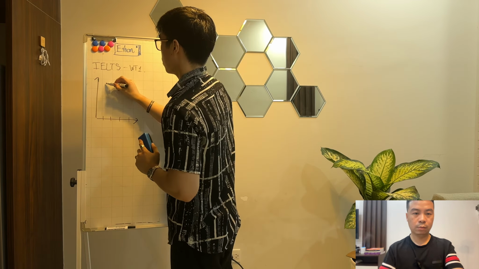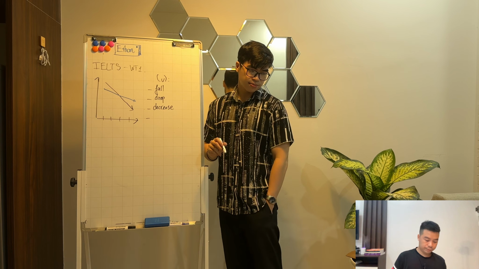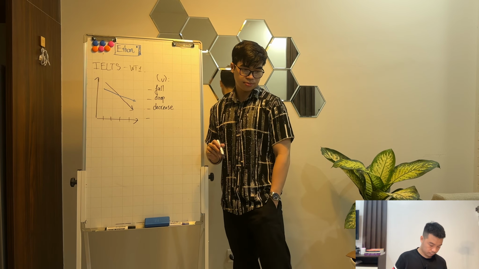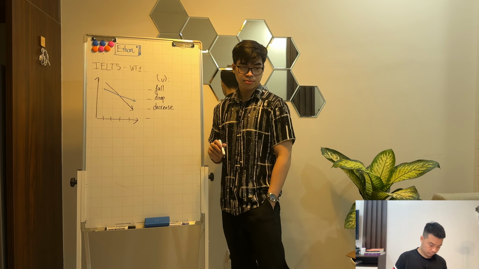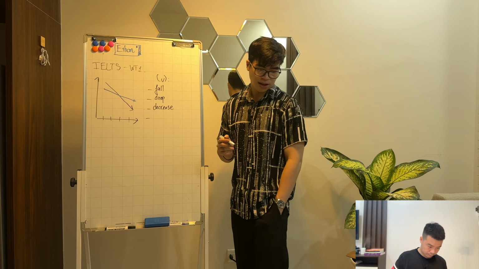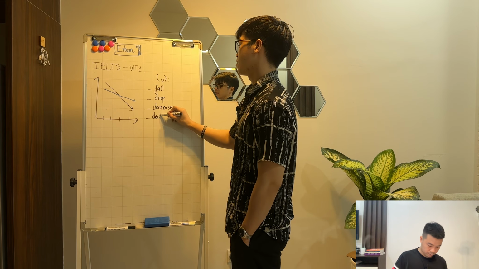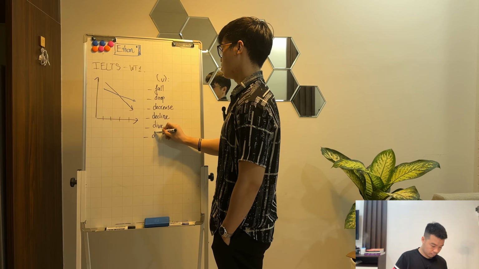Còn có một cái chạm đáy nữa nha. Anh cho thêm nhá. Decrease thì có thêm decline. Decline là suy giảm này. Chúng ta có cái việc lặn, giảm sâu, chúng ta có thể dive hoặc là dip.